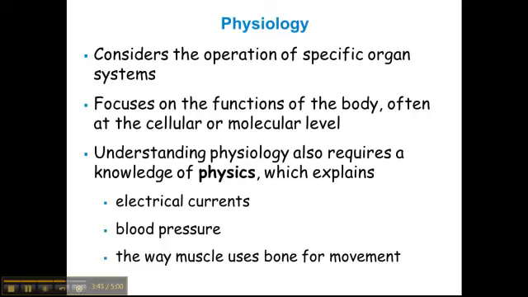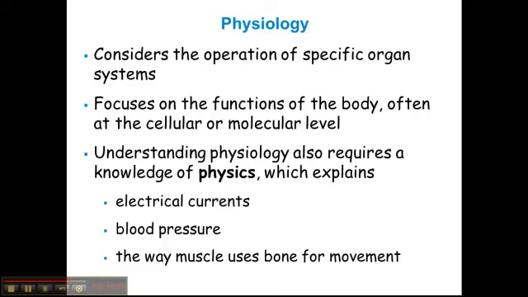The main places where we will have to discuss some amount of physics are when we are looking at electrical currents, which will become very important in chapters 9 and 11 when we look at muscles and the nervous system. Also in anatomy and physiology 2 when you discuss blood pressure.